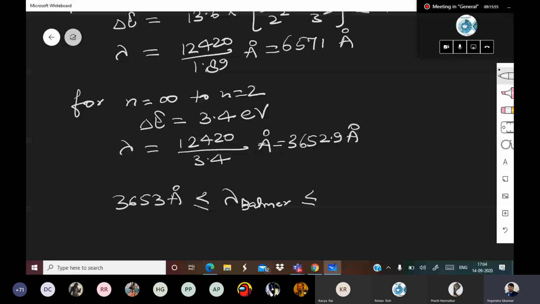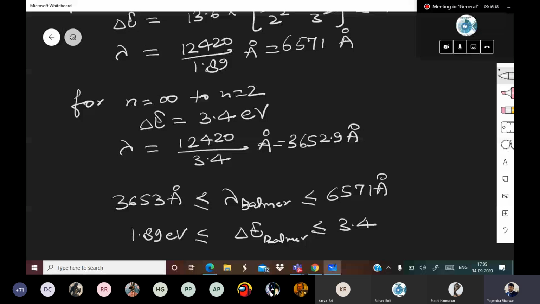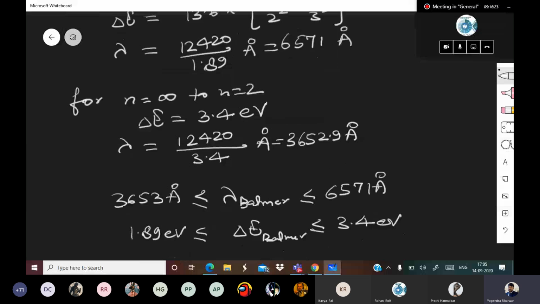Delta E of Balmer is 3.4 eV and the minimum was 1.89 eV. As we have already talked, Balmer series is in visible region.